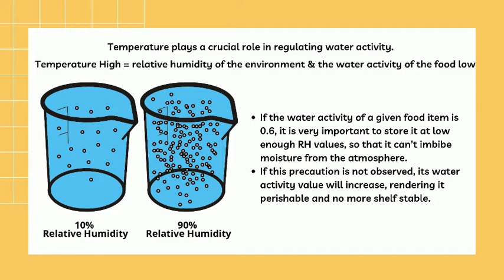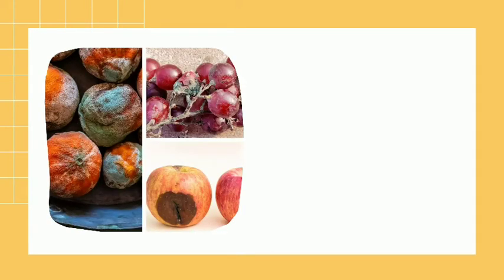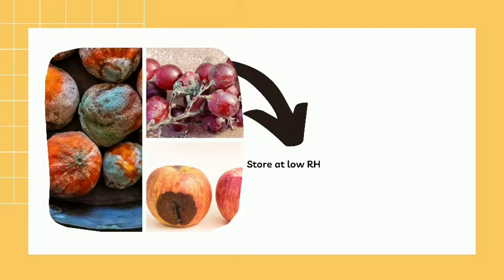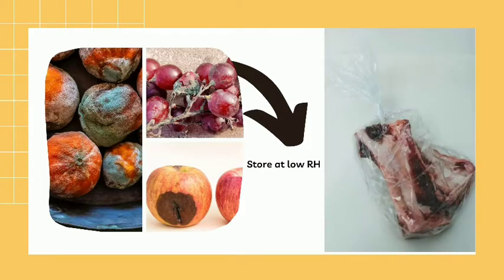In general, foods prone to fungal and yeast spoilage should be stored at low relative humidity in order to protect them from spoilage. Improperly wrapped meats, when refrigerated, spoil faster as they absorb moisture from their environment given the relatively high humidity within the refrigerator.